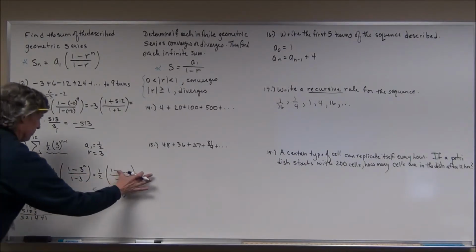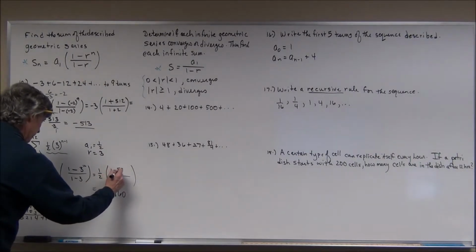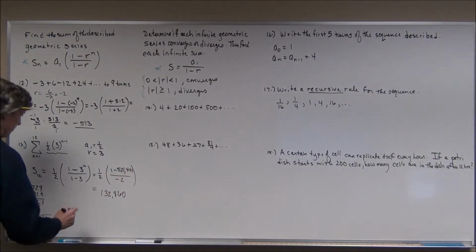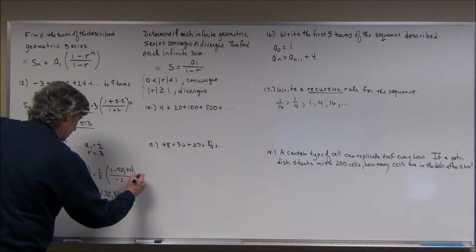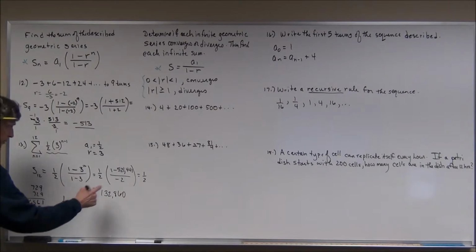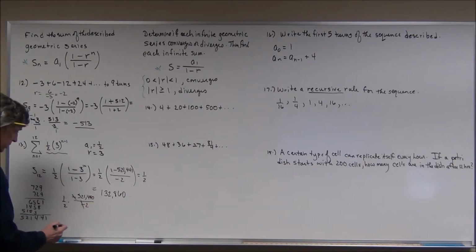So this turns out to be negative, or minus, 521,441. So this is going to be 1/2 times, this is going to be a negative 521,440 all over a negative 2, so these are going to cancel.